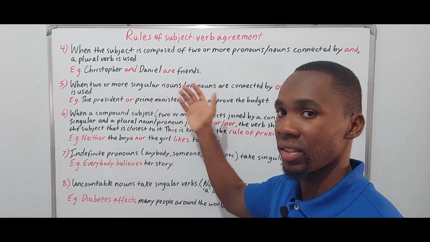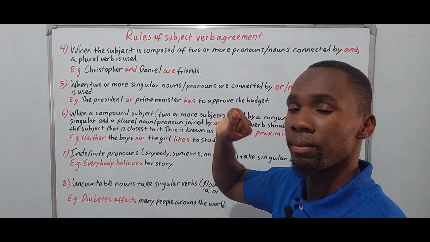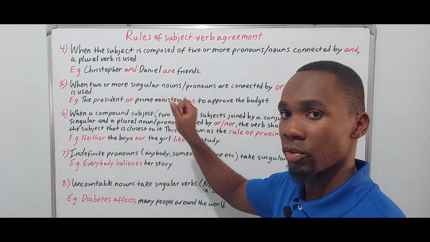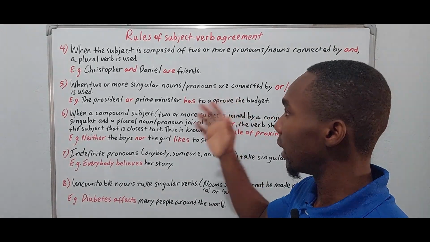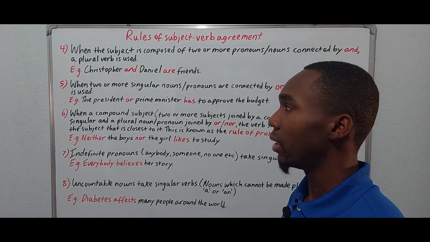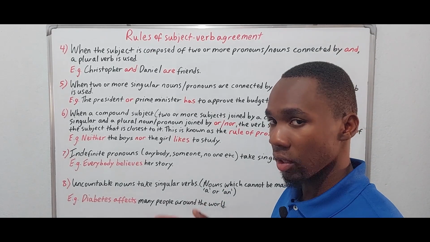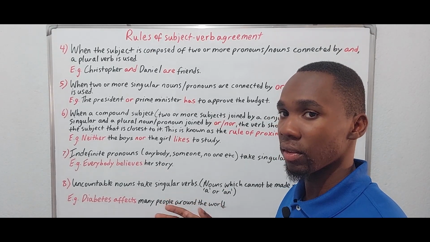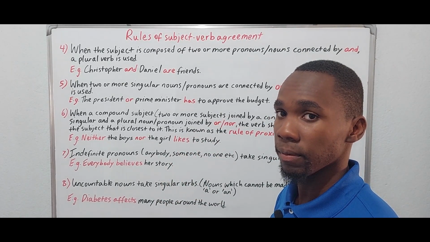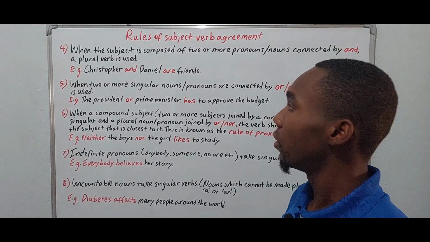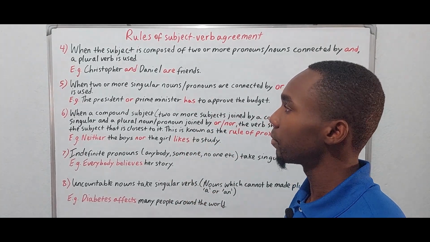So a plural verb is required. So if we have 2 or more subjects connected by and, the verb must be plural. Okay? Because that means emphasis is placed on all the subjects. Right? So, yes. Rule number 5.